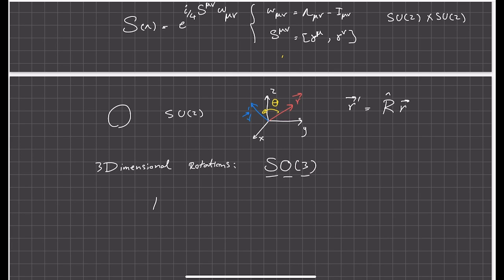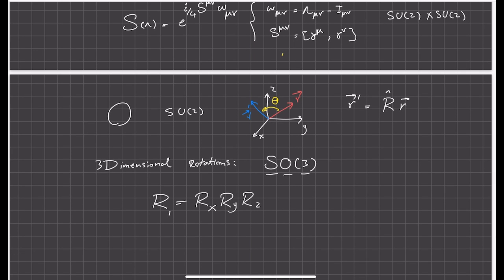And for example, one R can be expressed as Rx, Ry, and Rz of some particular rotation. And the whole point is that, for example, if you make R1 and imagine you make R2, let's say R2 is made of Ry, Rx, and Rz, R1 and R2 are not necessarily commuting with each other.